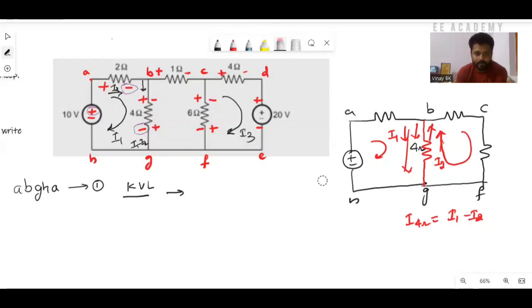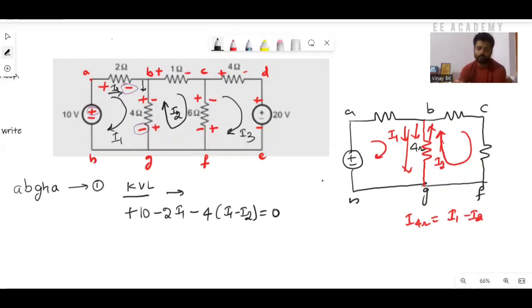Now we'll write the expression: plus 10 minus 2 into I1, so B to G. I1 is flowing down, at the same time I2 is flowing up here, so I will write minus 4 into I1 minus I2 equals to 0.